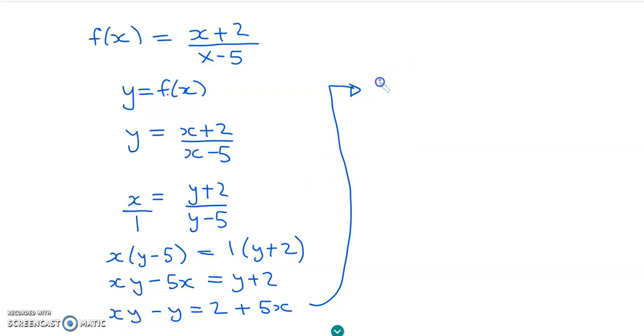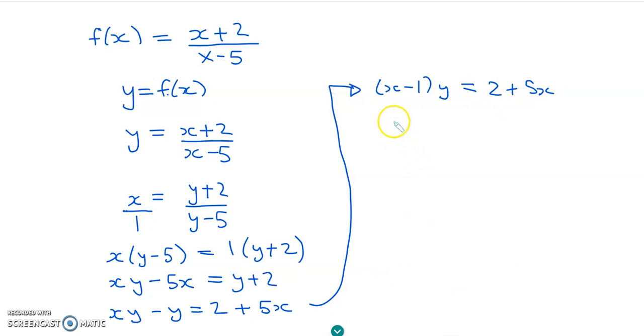What we get is x minus 1 times y, and there's no common factor on the right hand side, so we don't have to do anything there. We just write this as 2 plus 5x. Sorry for making this mistake.